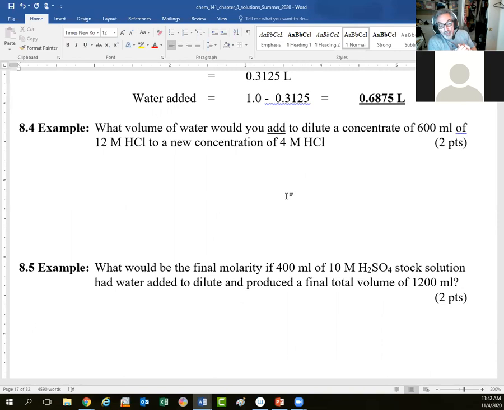And what would be the final molarity for 400 milliliters of 10 molarity sulfuric acid stock if you added water to dilute and it had a final volume of 1200 milliliters? Take a couple of minutes to try those. I'll check on my rambunctious daughter and then we'll call it a day once we check our answers.